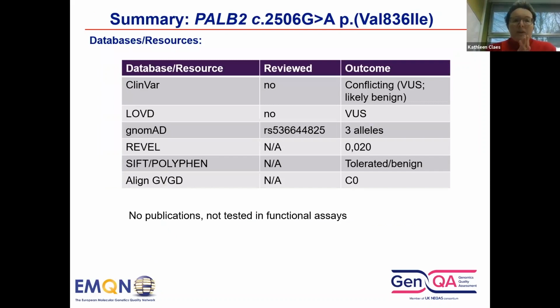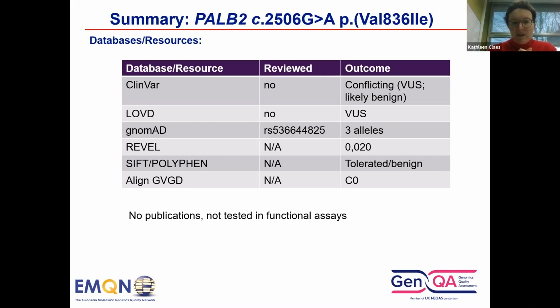For this variant, also there is not a BRCA Share available, so we have to look in ClinVar, where there are conflicting interpretations going from VUS to likely benign. In LOVD, it's also classified as VUS. It's a bit more frequent than the RAD51C variant. It has 3 alleles in gnomAD.